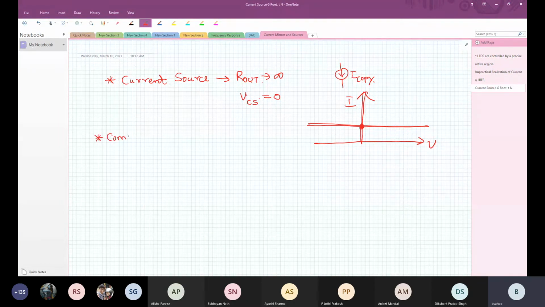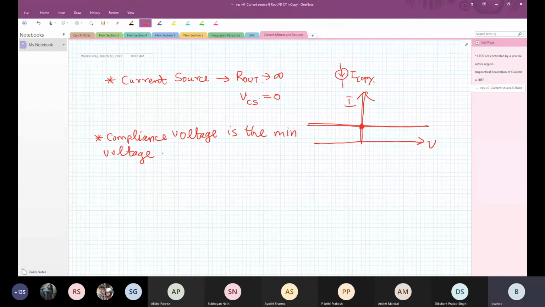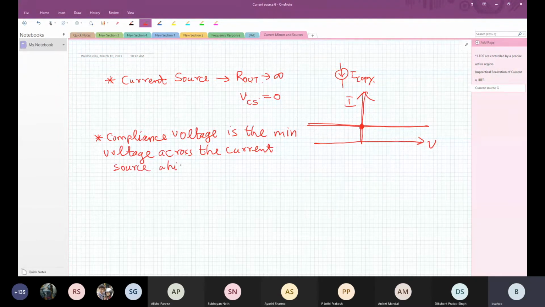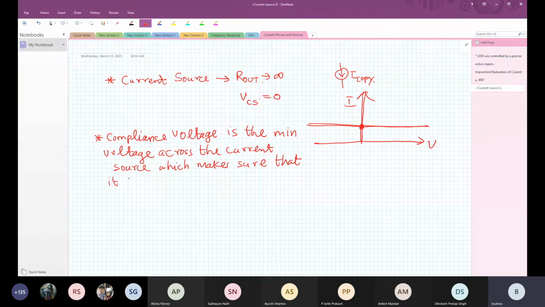Compliance voltage is the minimum voltage across the current source which makes sure that it behaves like a current source.